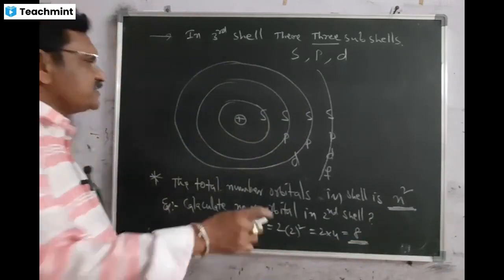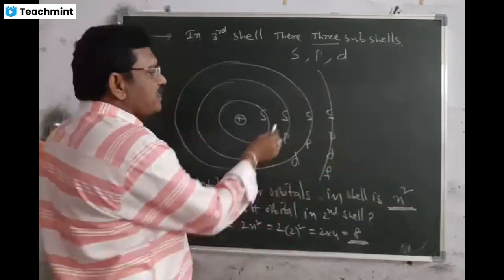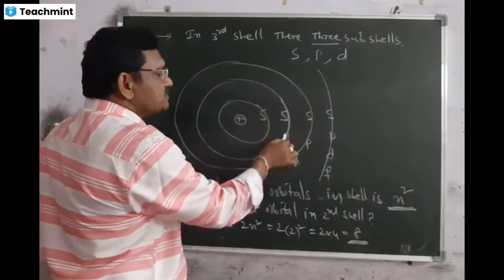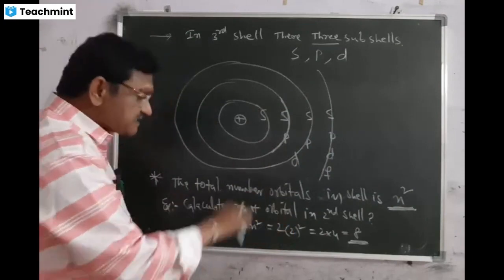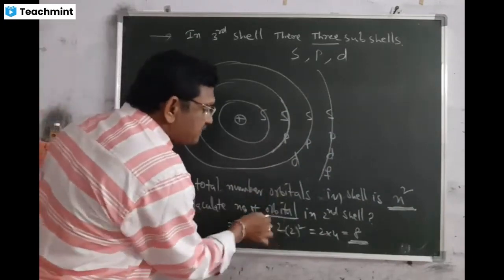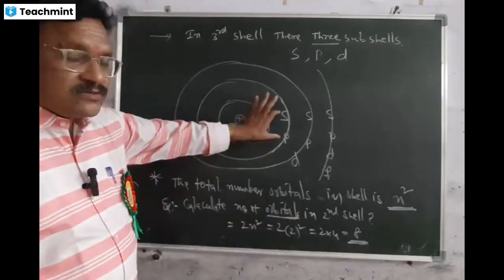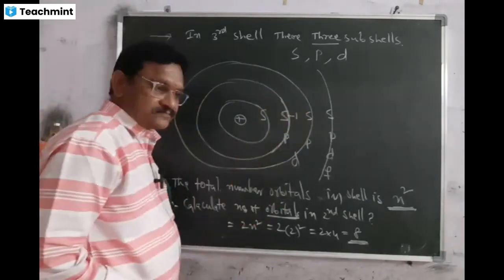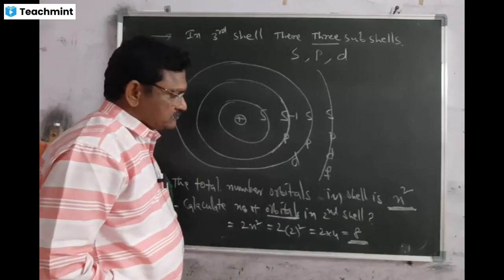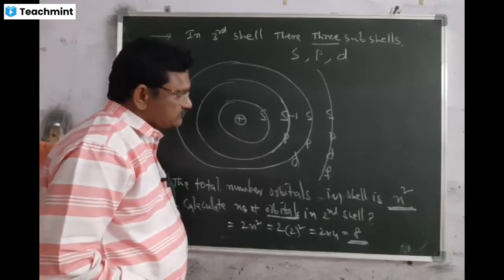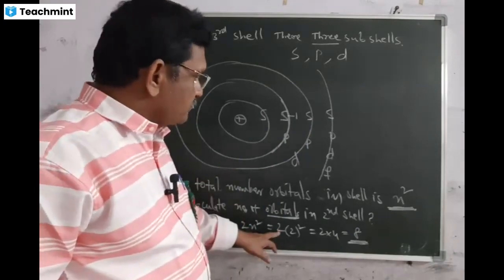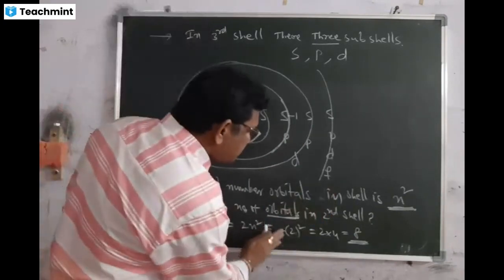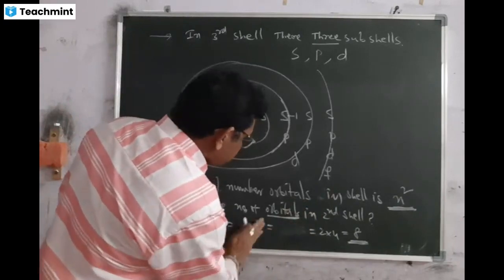So actually, see, this is the second shell. In the second shell, how many subshells are there? 2 subshells. But he is asking about orbitals. S has one orbital, no? Just wait, n square, not 2n square.